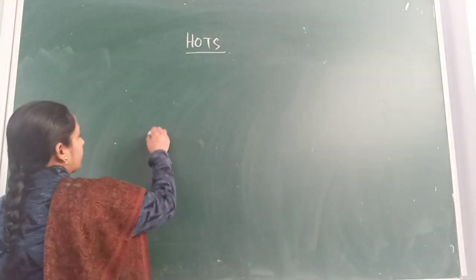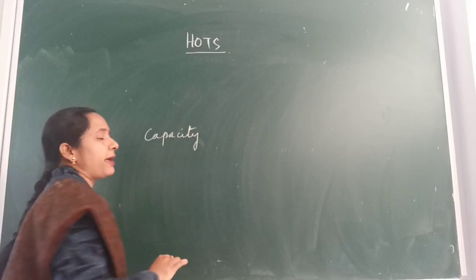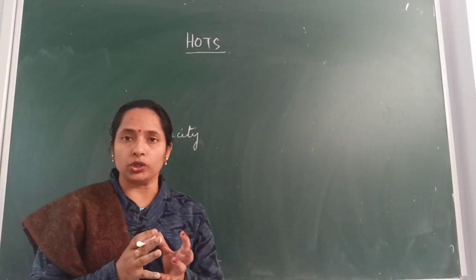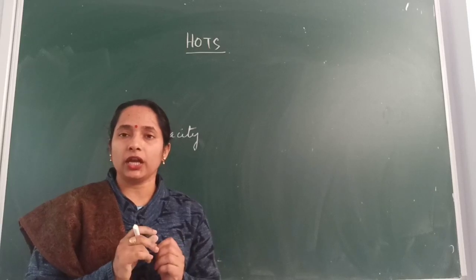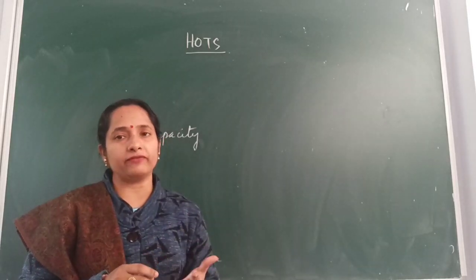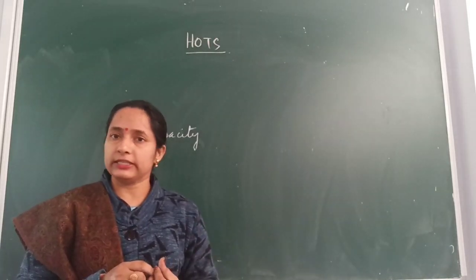See, capacity means it's about the quantity, how much an empty box can hold. That is its capacity. Now, the capacity is also equivalent to volume. We have learnt about this in the topic volumes of liquid, isn't it?